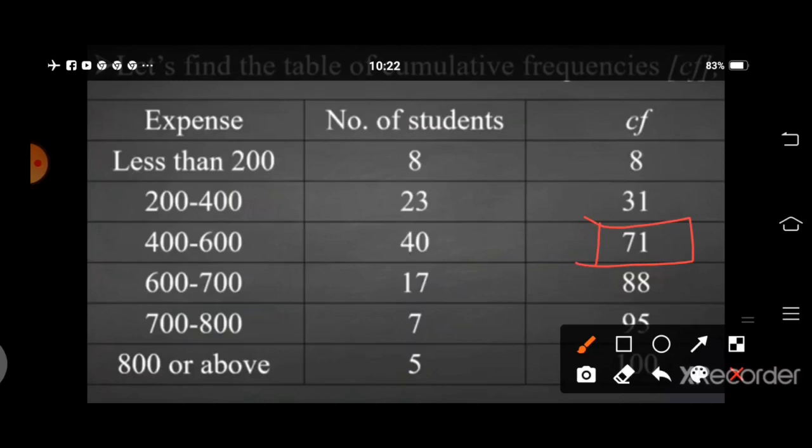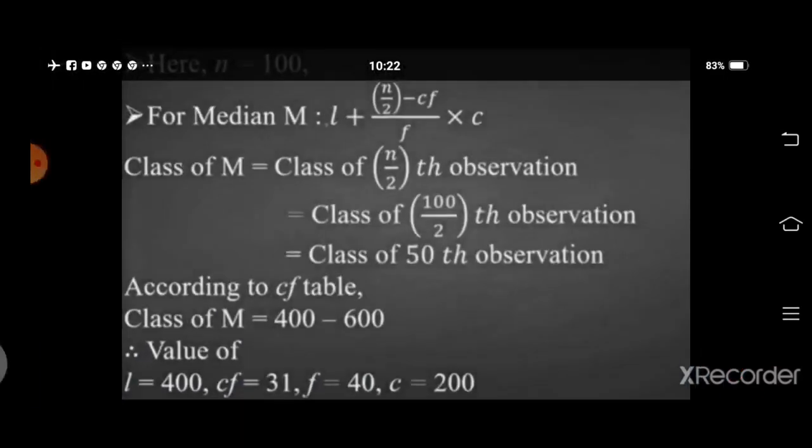According to that, class 400 to 600, lower boundary point 400, class length 200, then F 40, then CF is 31. Put into the formula.